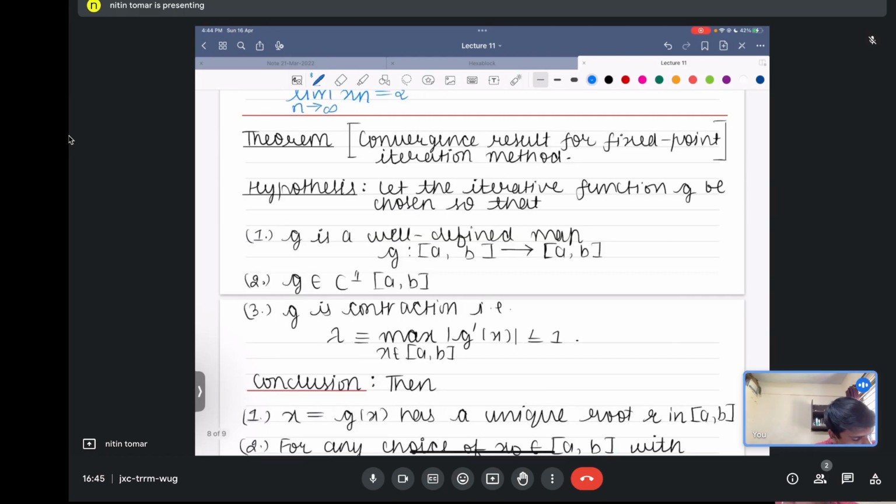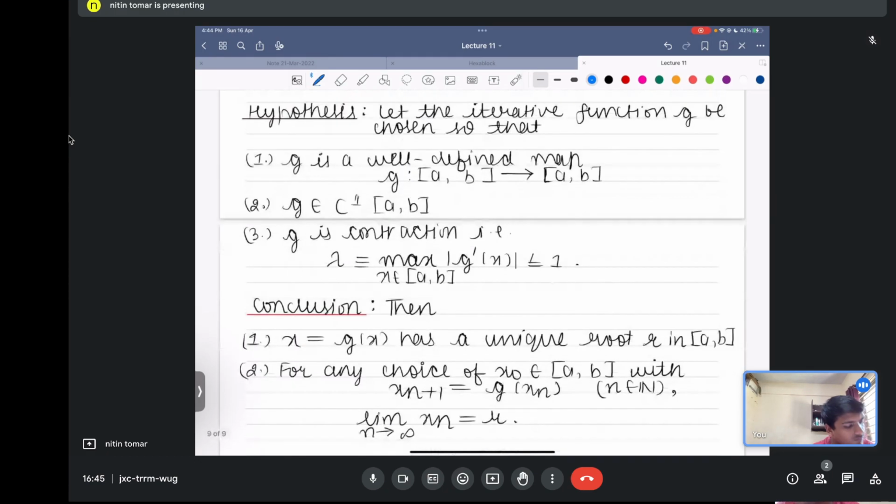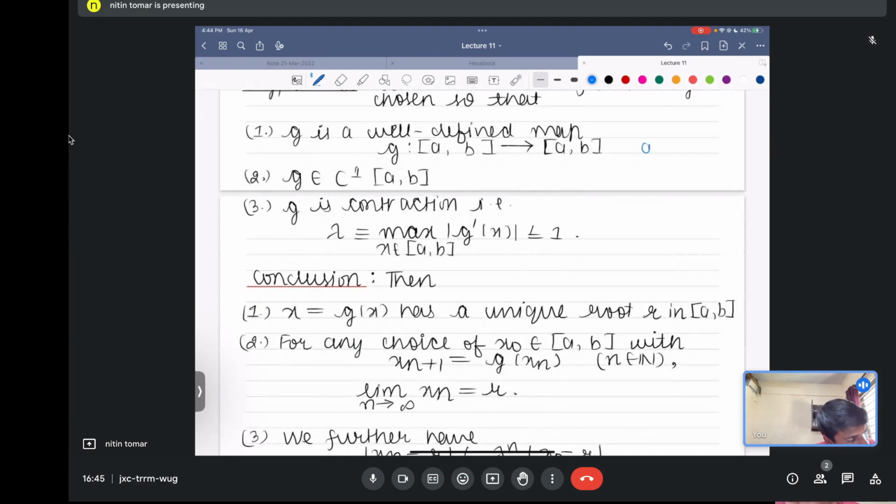Okay, g is a self map, so if you consider this function g of x minus x, then f of a will be g of a minus a.